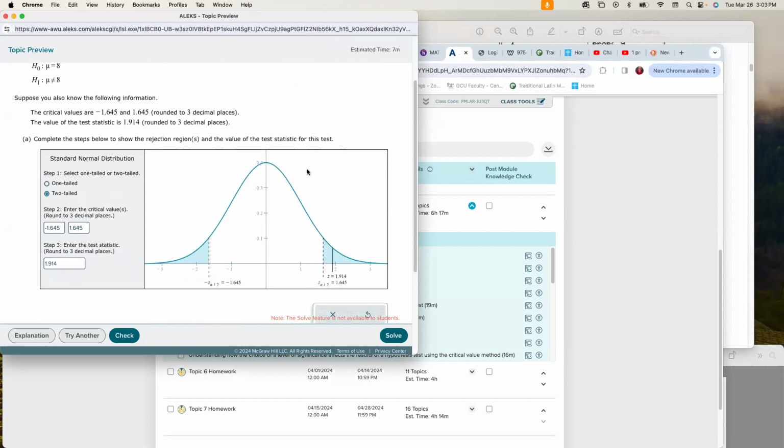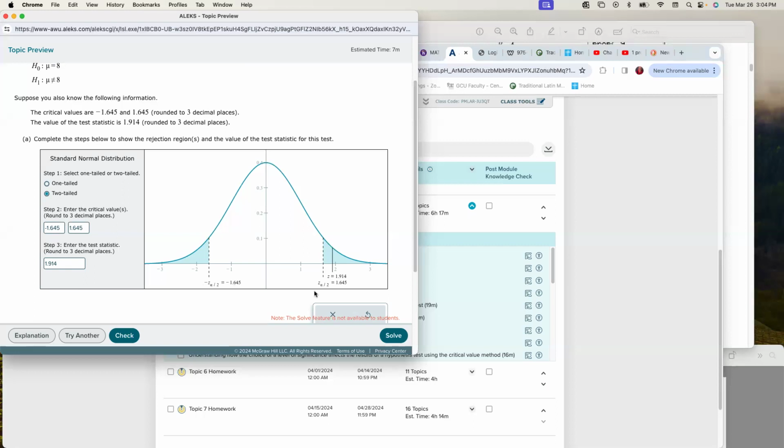So if we look down here, my p-value would be the area to the right of my test statistic. Notice the area to the right of that is definitely less than this total blue area. So technically, if I was finding the p-value, I'd find the area to the right of 1.914 and also to the left of negative 1.914, because this is a two-sided test. If it was one-sided, I'd just focus on the one tail.